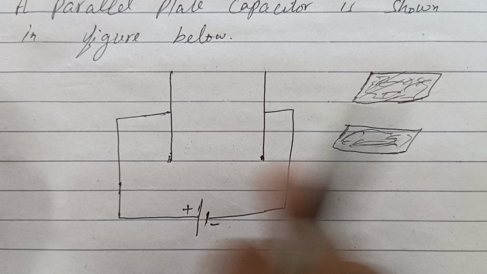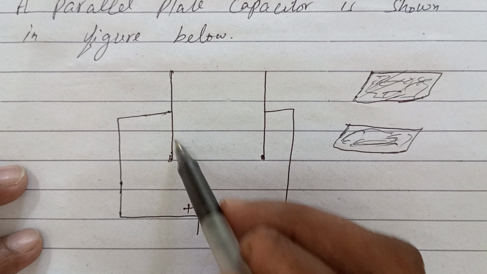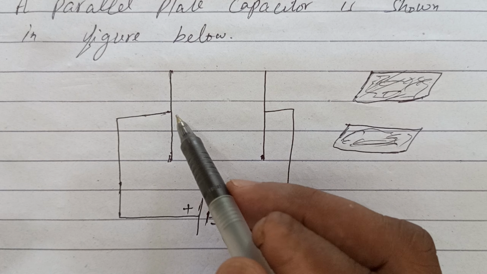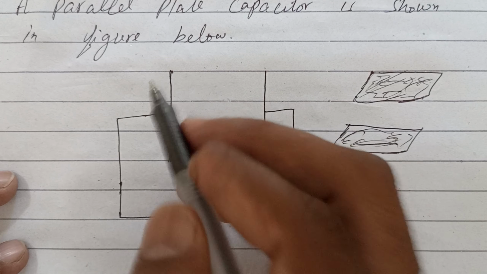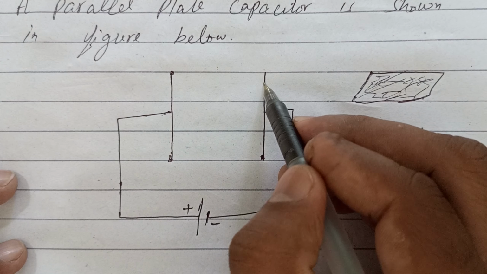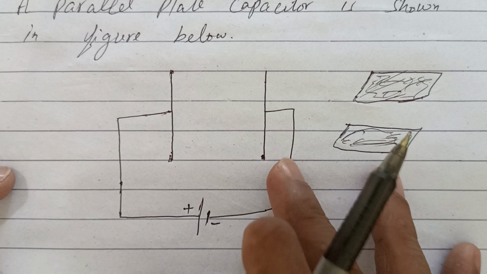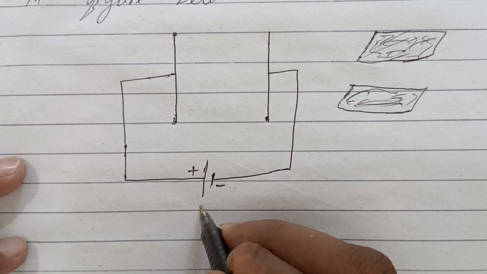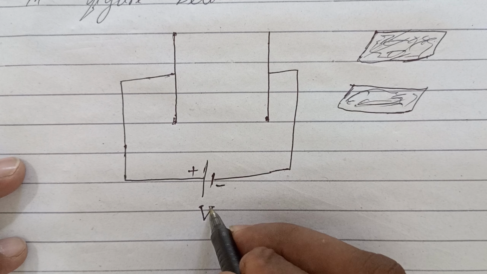So first of all, suppose this is the parallel plate capacitor. This is one of the plates and this is the second plate, and this is a battery of voltage V.